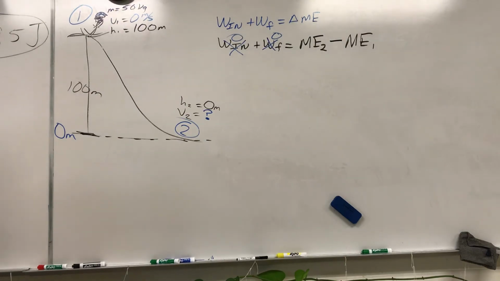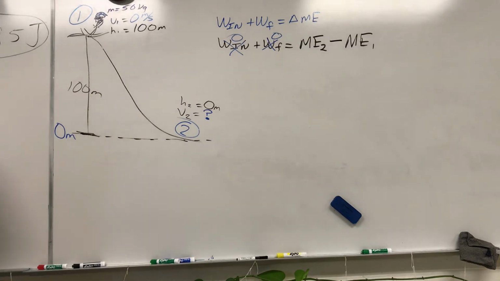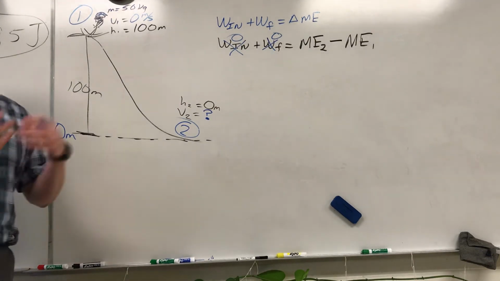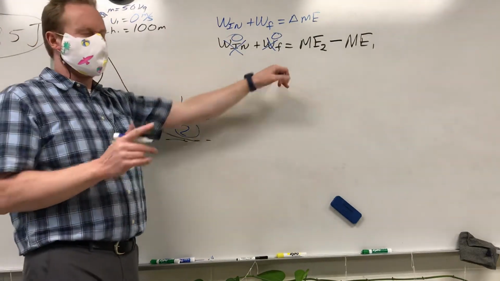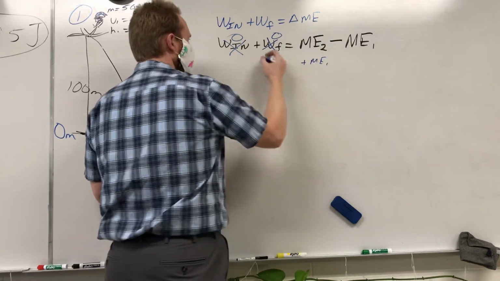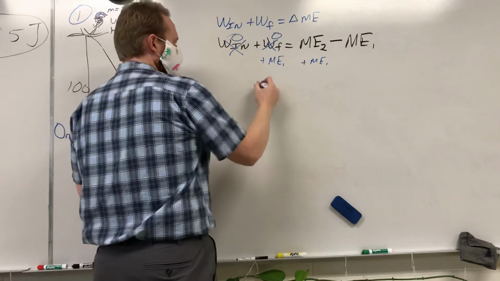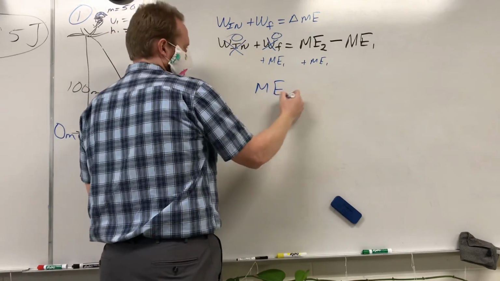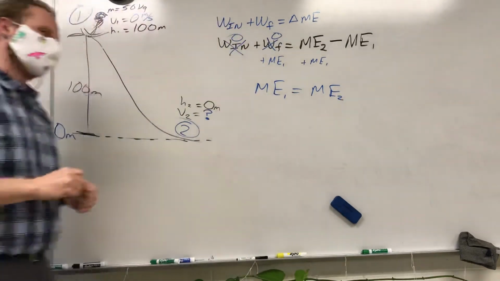What work in does is it adds energy to the system. What friction does is it removes energy from the system. So what this is saying is I'm not gaining any energy, I'm not losing any energy. We do a quick mathematical switch. If I add ME1 to both sides, we get a new equation that says ME1 equals ME2.